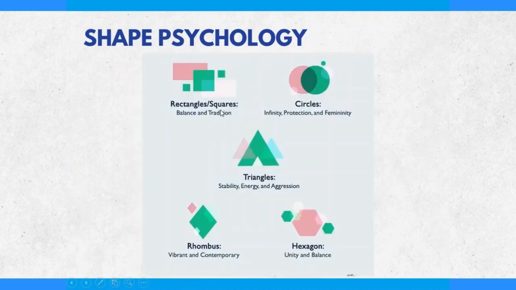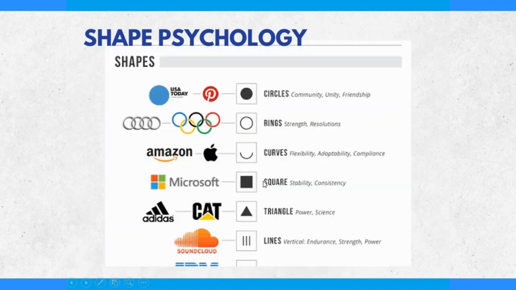Now, shapes also communicate. We have rectangle and square for balance and tradition, circle for protection, triangles communicate stability, energy. So we have different brands using these shapes. We have Pinterest using circle. You have rings in the Olympic logo. You have curves in Amazon and Apple for flexibility, adaptability, and compliance.